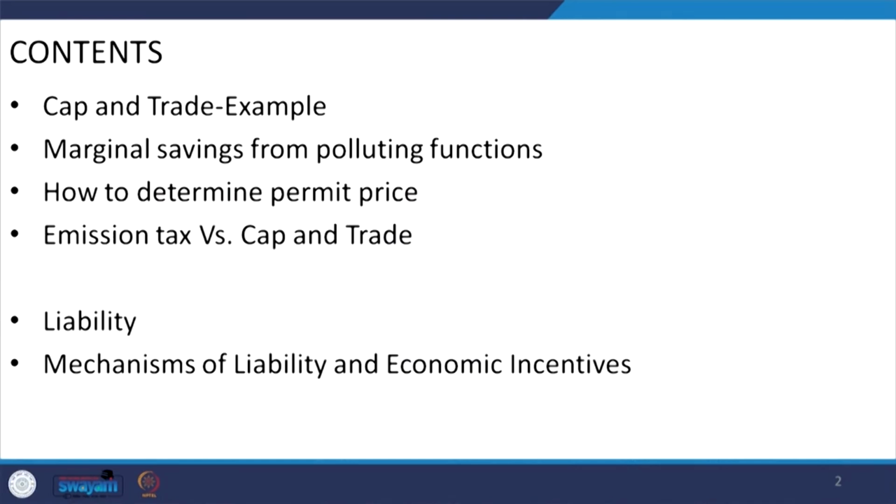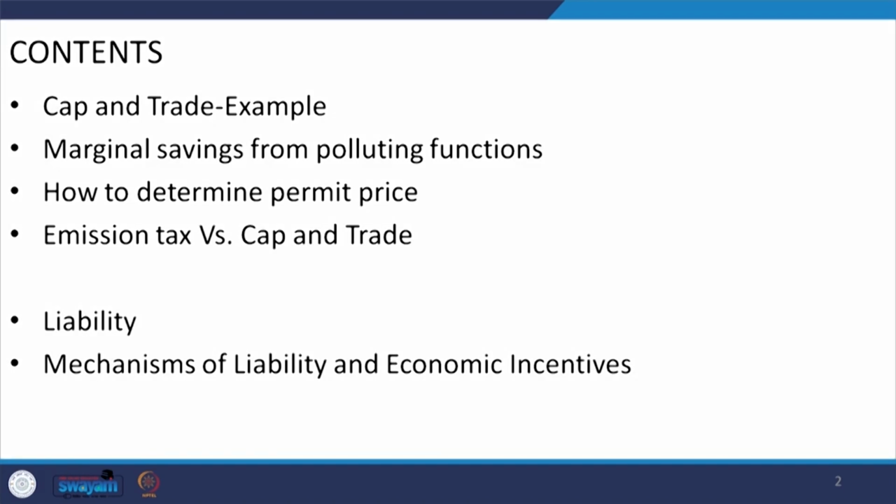Then we will be explaining the marginal saving functions as volatility functions, then how to determine the price per permit, or how to determine the permit price. Then we will be discussing the difference between the emission tax and cap and trade, and finally the last mechanism of market based trading, that is liability.